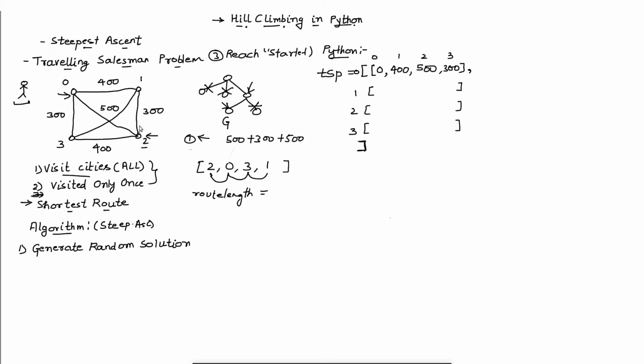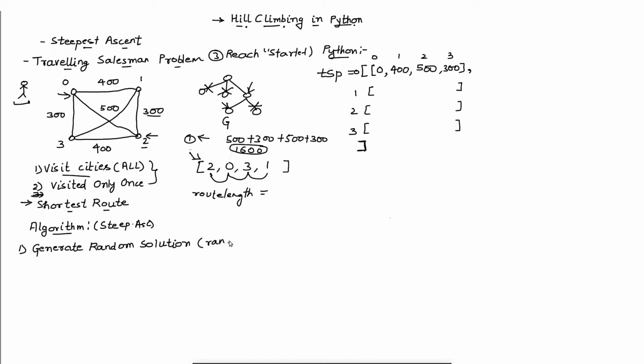So from 1 to 2 the distance is 300. So what will be the final route length? You can see 500 plus 300 plus 500 plus 300 is 1600, so 1600 is the route length in this random solution. So we will generate a random solution. Let's see how we can write a function, the random solution function.